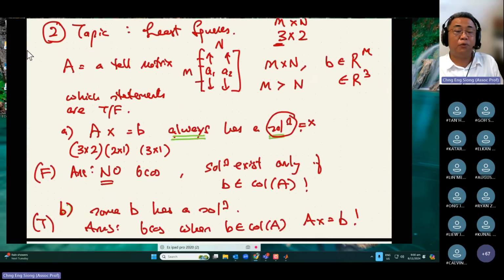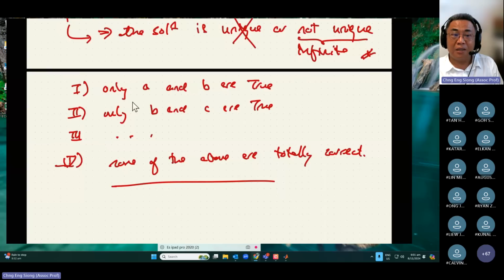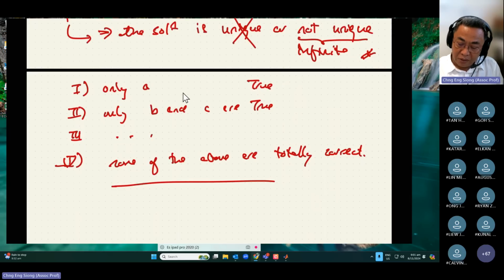The questions will give you a standard question asking you to decide which are true and false. You have to work it out. And then finally, the options are not only one single option. Of course, it can be one single option, for example, only A is true. Or only B and C are true. You have to choose the most correct answer.